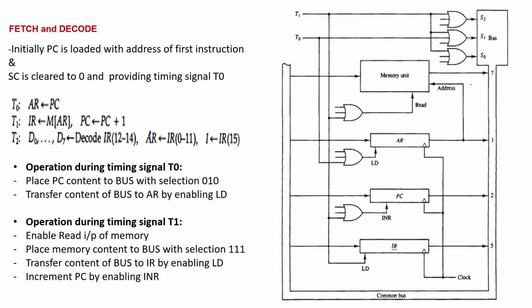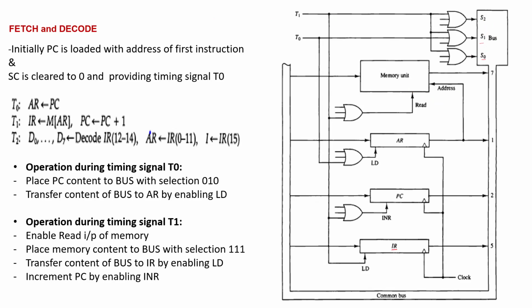The operation of the common bus is decided by the S0, S1, S2 combination. Earlier we have seen how to design the common bus, either with the help of multiplexers or with tri-state buffers.